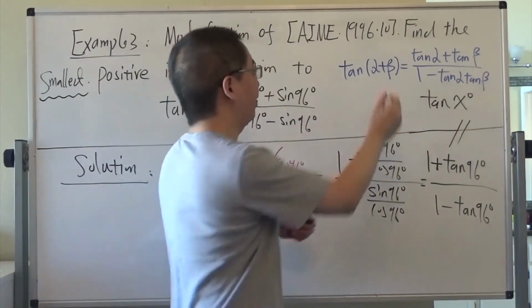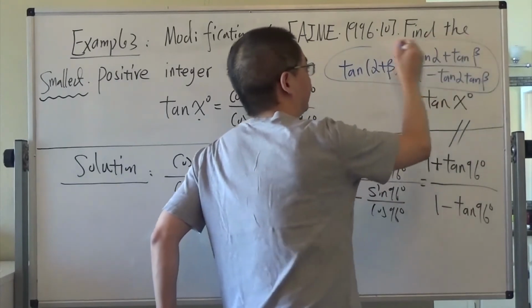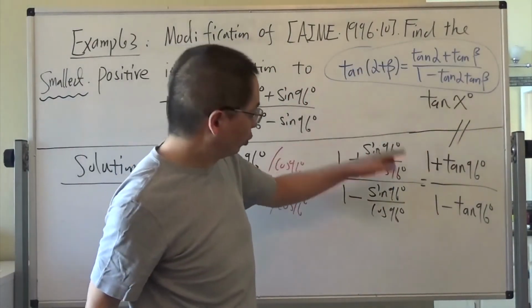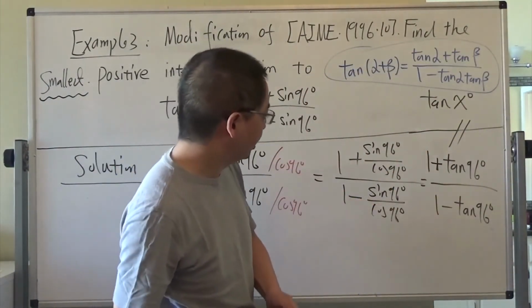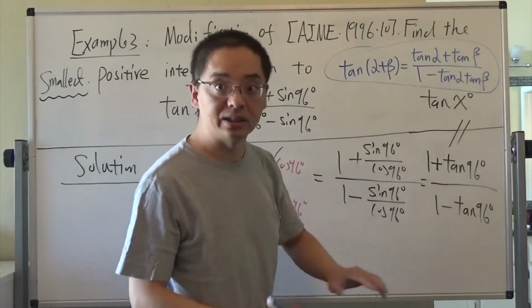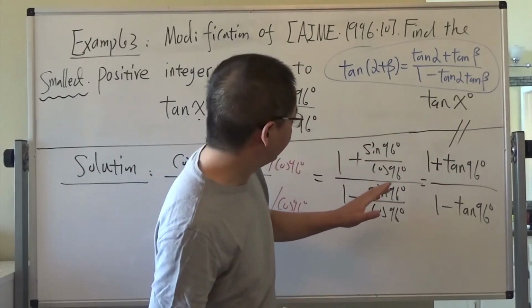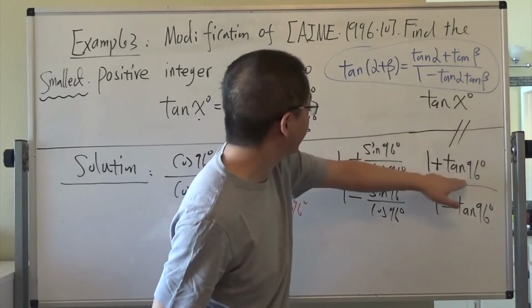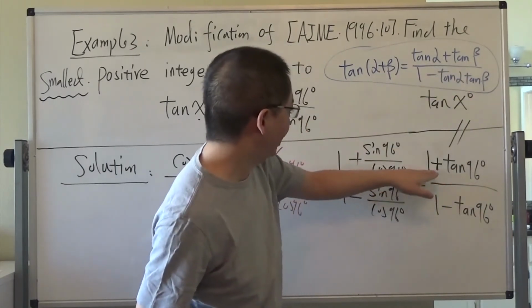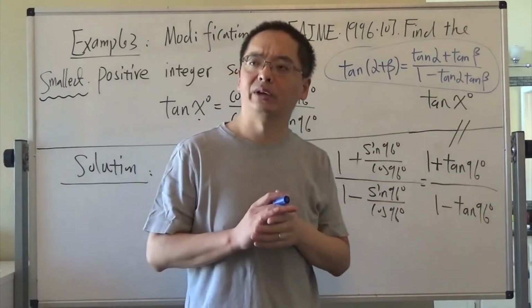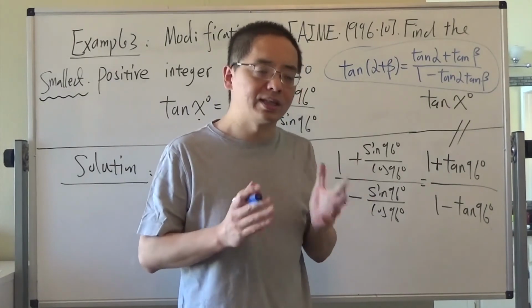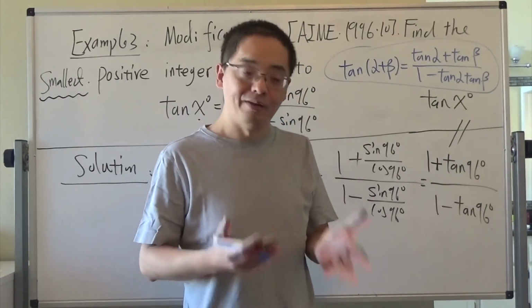Now if you compare the sum formula with the expression here, we already have 1 minus, it's very similar. But here we have tangent alpha, which is tangent 96, and we have 1 here. Then we ask ourselves, can I write 1 as the tangent of something? The answer is yes, that's tangent 45.